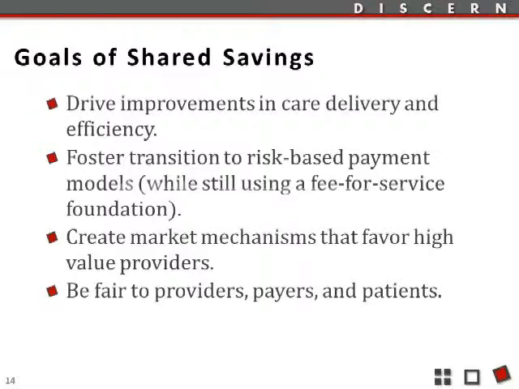Under most shared savings programs, healthcare payments continue as they have already been structured, and then there's a retrospective analysis of the costs that drives the shared savings calculations. So administratively, it's easier to move to shared savings when you have a fee-for-service system in place than it is to move to other more comprehensive payment reform models like episode payment or global payments.